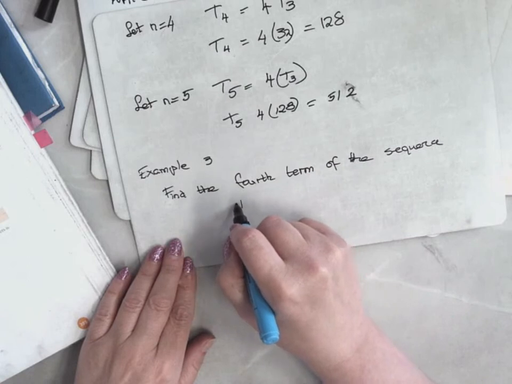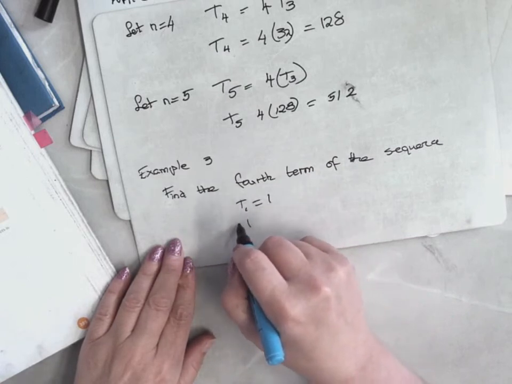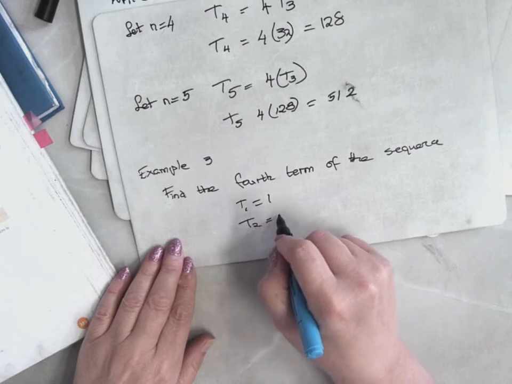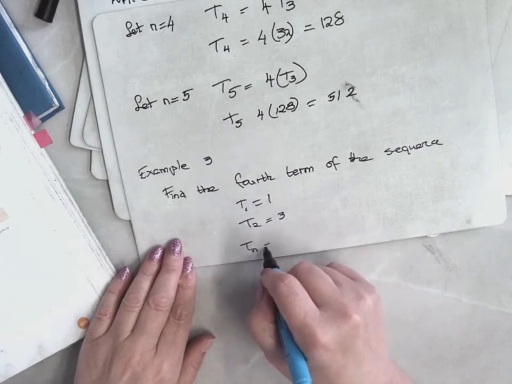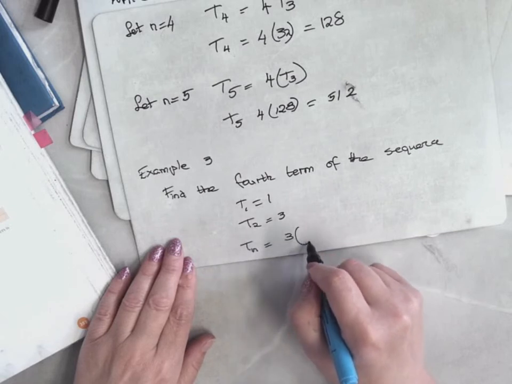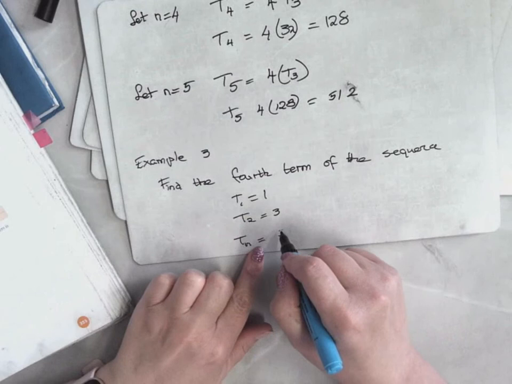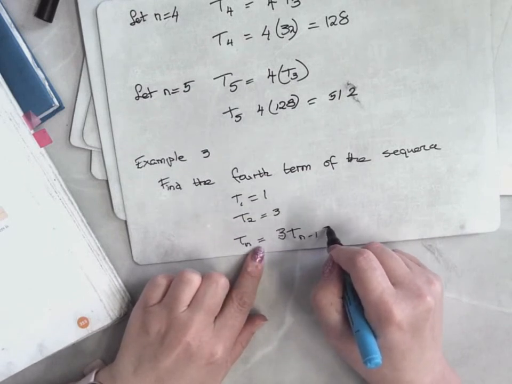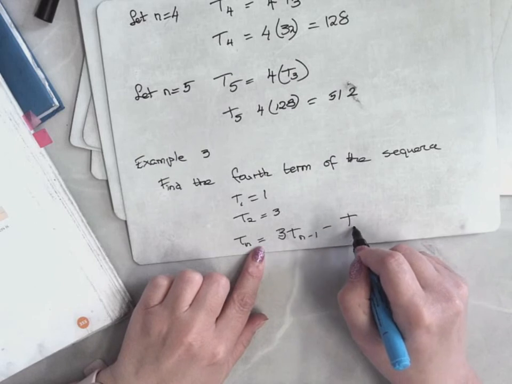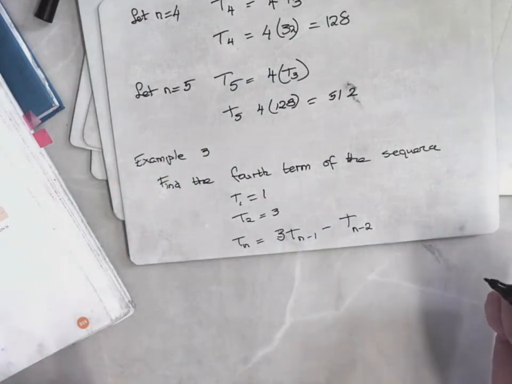So they're telling me T1 is 1, they're telling me T2 is 3, and then they're giving me the rule: Tn equals 3 times Tn minus 1 minus Tn minus 2. Is that right? So I'm looking for term number 4.